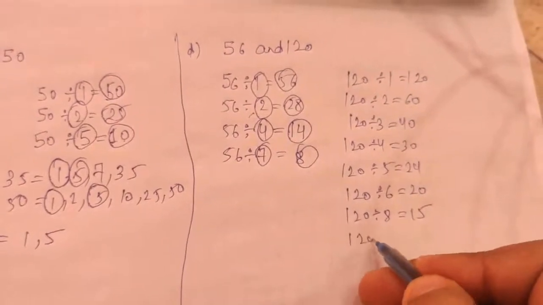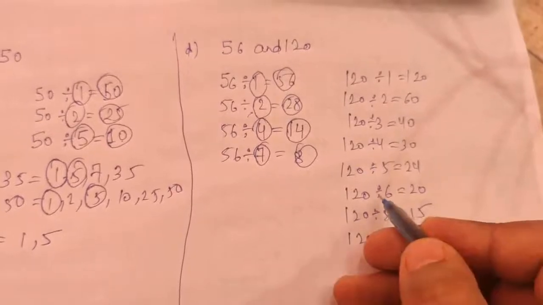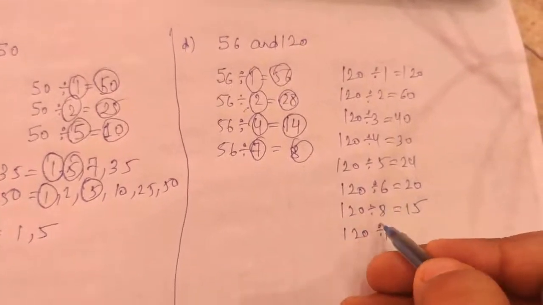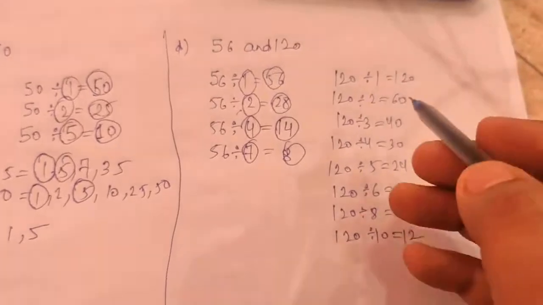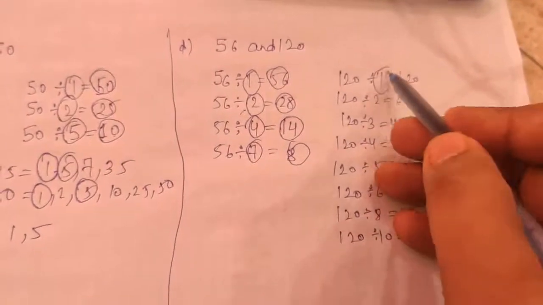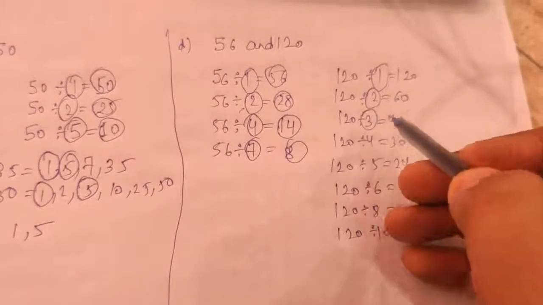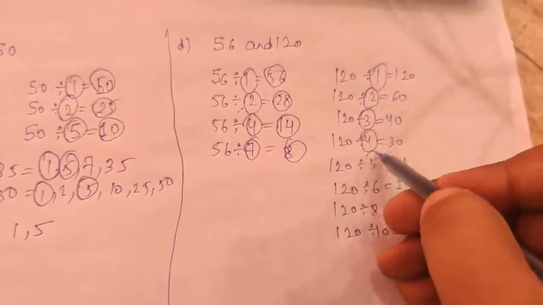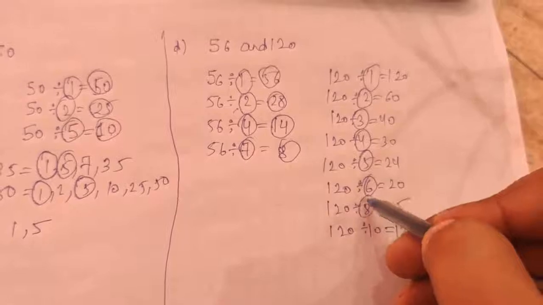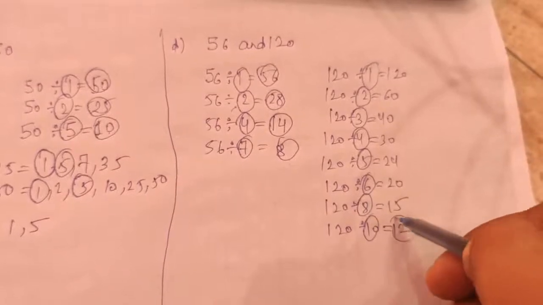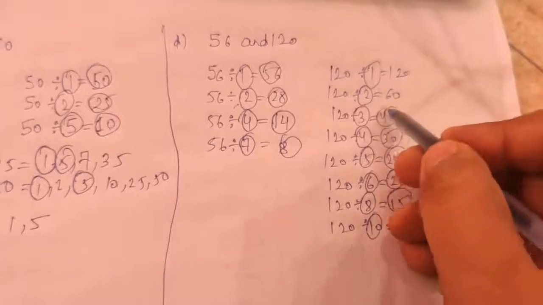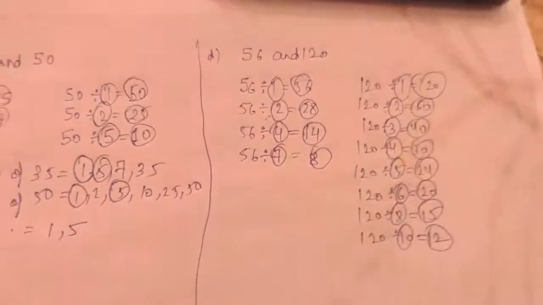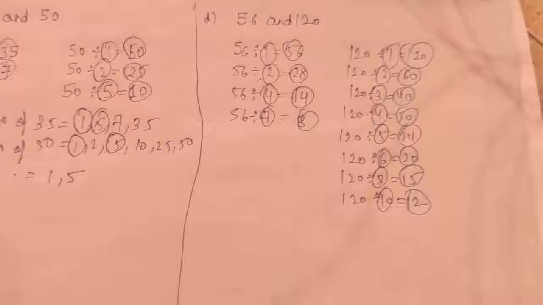Then divided by 10, we will get 12. Because 7, it is not divisible. By 9, it is not divisible. By 11, it is also not divisible. So these are the factors 1, 2, 3, 4, 5, 6, 8, 10, 12, 15, 20, 24, 30, 40, 60 and 120. So many factors are there.